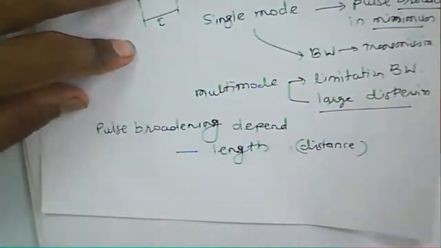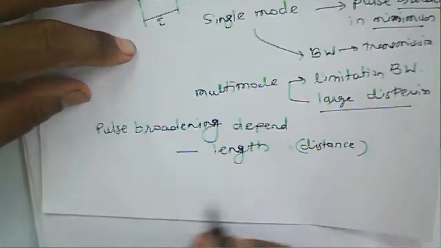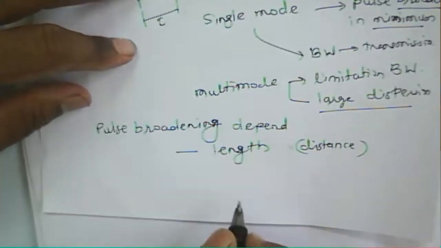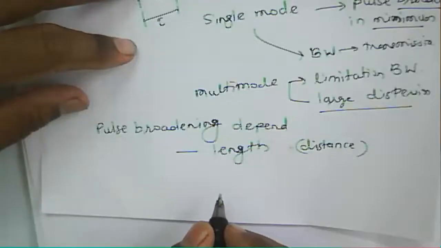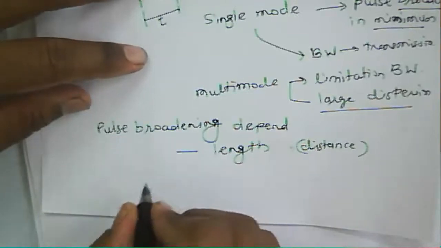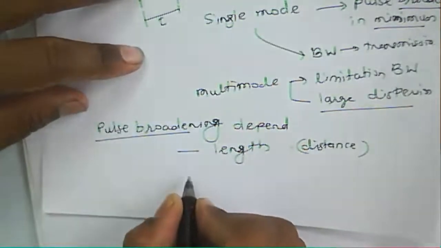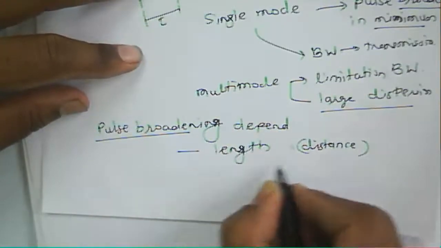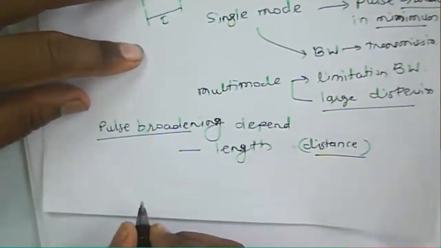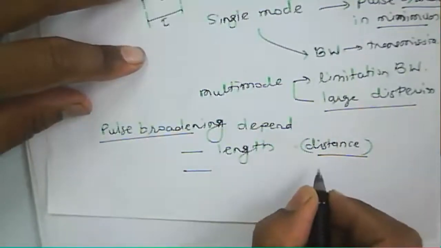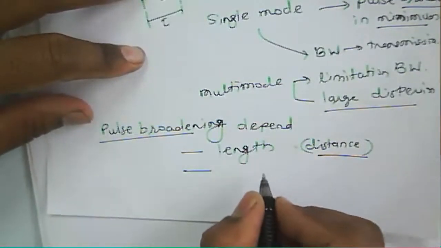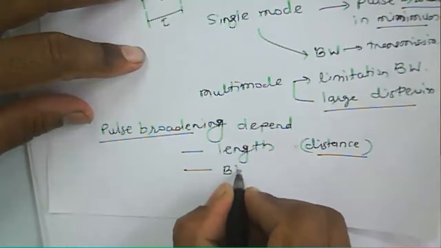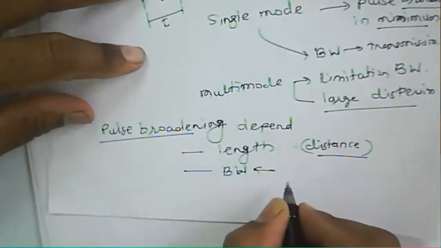That is, how long the pulse travels within the fiber. So that's why the pulse broadening puts restrictions on the bandwidth, because as the distance increases, the pulse broadening increases. That's why they have restrictions on the bandwidth.